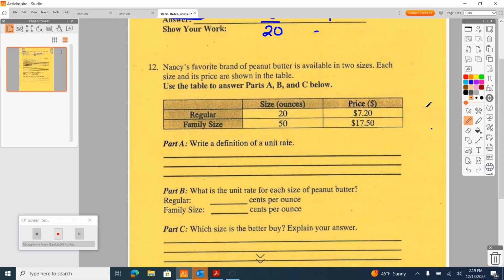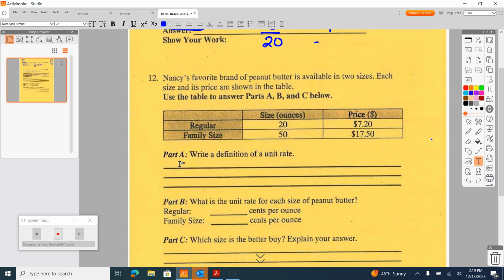The first thing is, we've talked about this, what is the unit rate? So the unit rate is the price for 1. In this case, it's the price for 1 ounce of peanut butter. And that's how it enables us to figure out which one is the better buy.